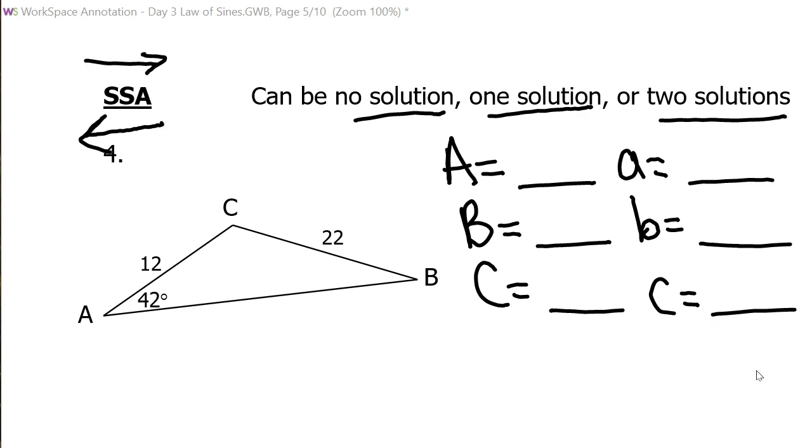Now, fill in what they gave us. So they gave us the angle A is 42 degrees. So both cases, angle A is 42 degrees. They gave us two side lengths. Side A is 22. So both cases, side A is 22.